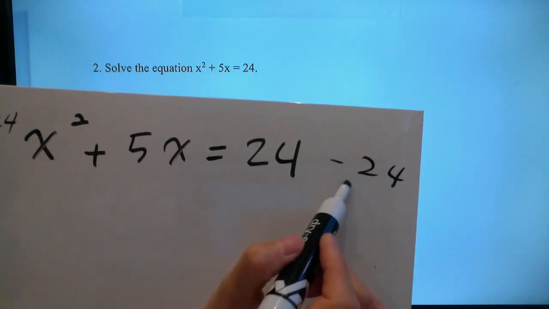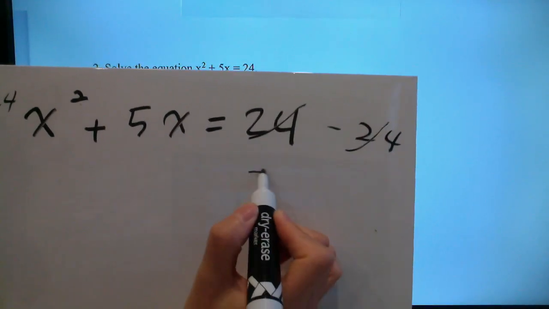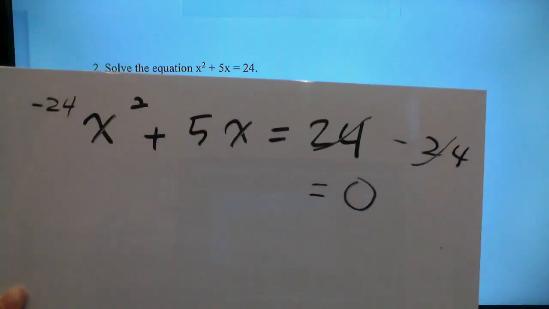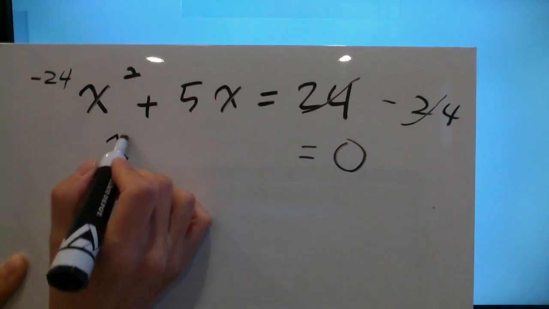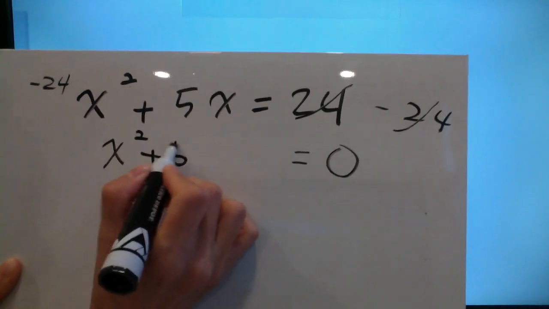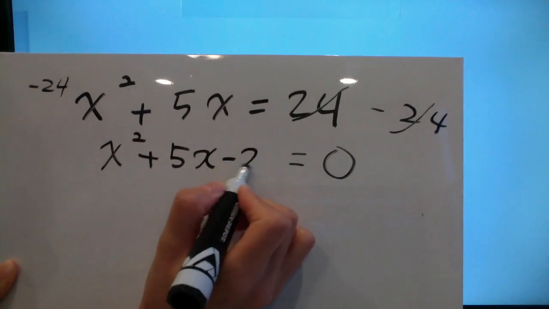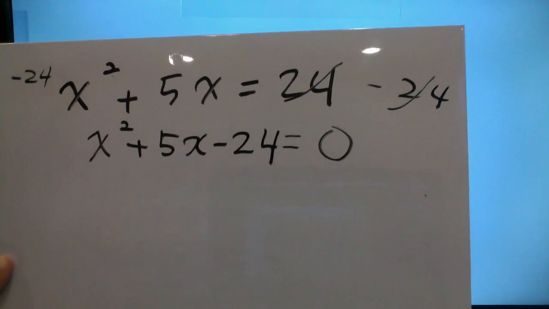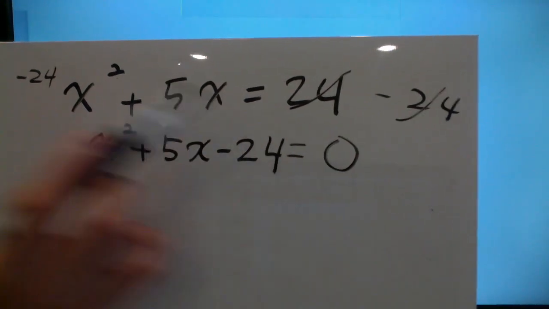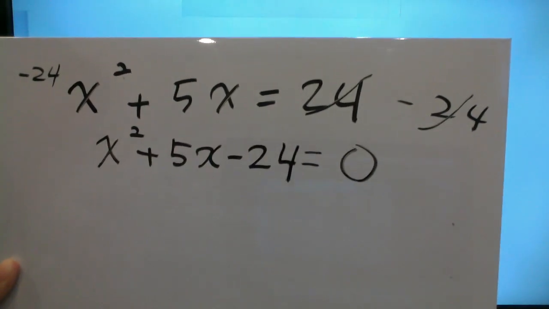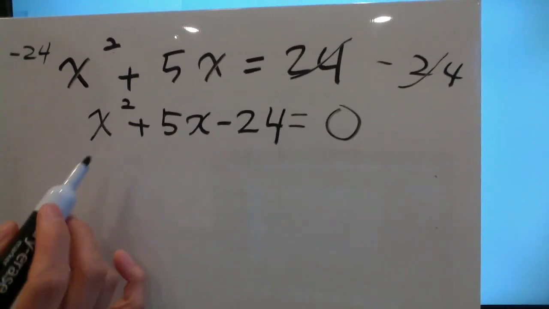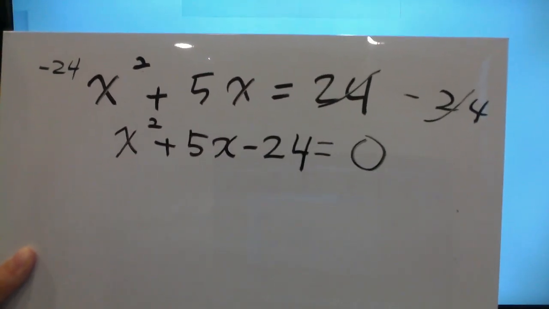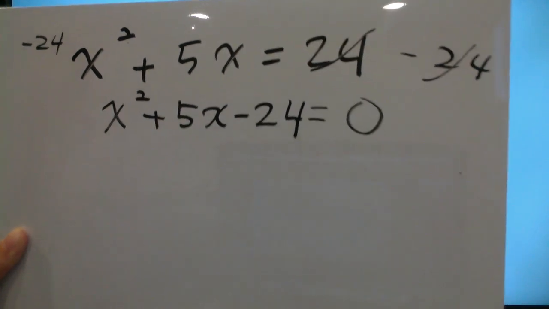Then it will be 0 this side, and it will have this side negative 24, right? So finally we see the 0 to the right side. And then we need to factor. How do we factor? So I hope you really remember this.